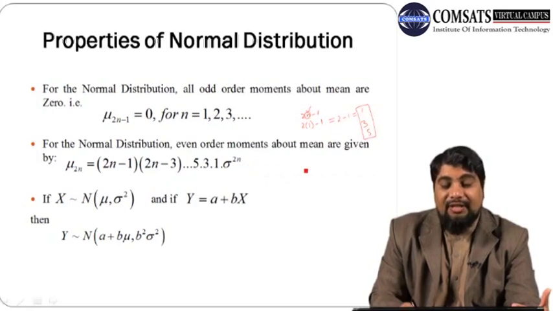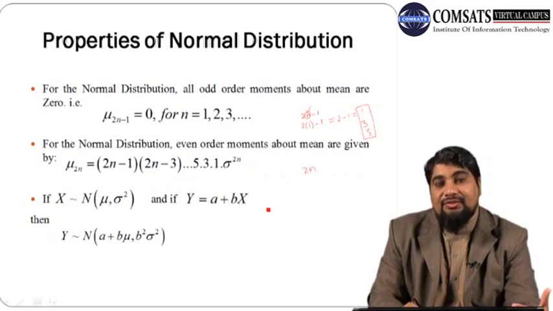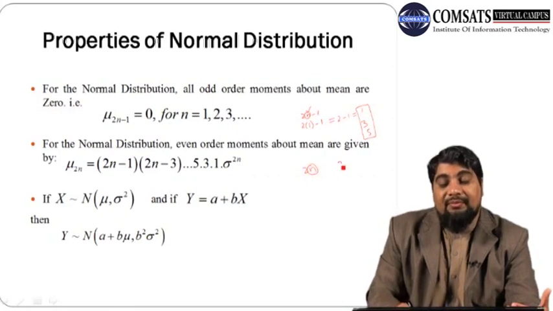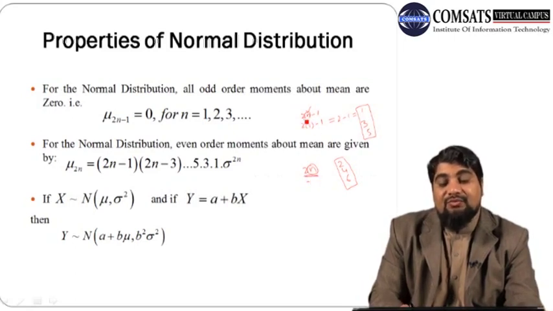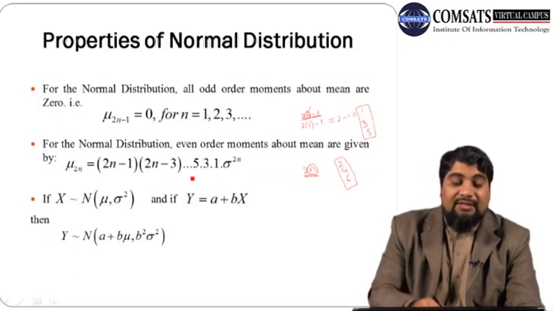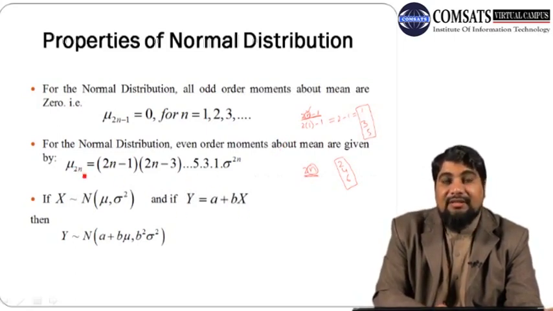So here again note that 2n is the general form to represent an even number. Just replace n by 1, you get 2. When n is 2, you get 4. When n is 3, you get 6. So 2n is the general form to represent an even number, whereas 2n minus 1 is the general form to represent an odd number. So here the notation mu 2n means the even order moments.